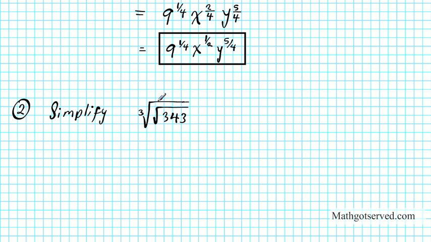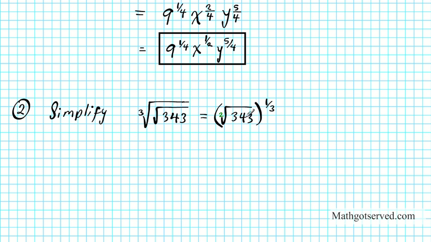So we're going to start from the exterior using the nth root property. This can be expressed as the square root of 343 raised to the 1/3 power. All right. Now this radical does not have any number in front. That means it's going to be a 2.